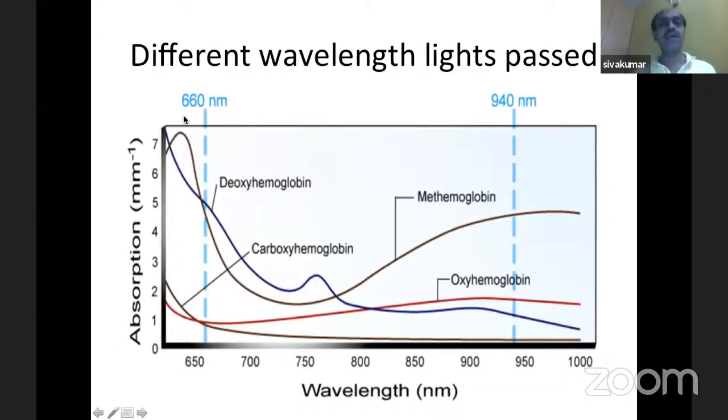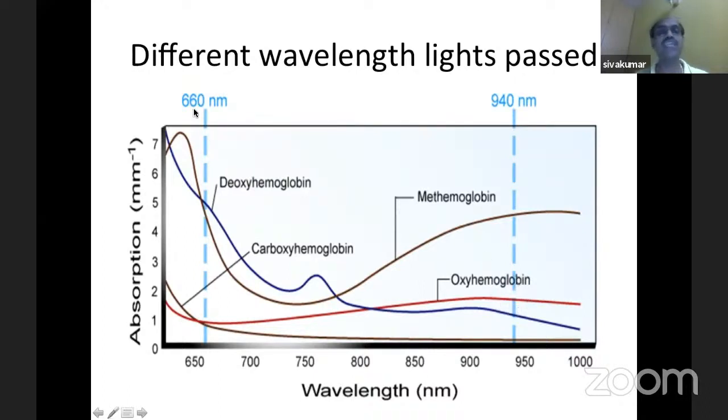We know that light at a wavelength of 660 nanometers, this is visible red light, will be absorbed very effectively by deoxyhemoglobin, this blue line. Light at 940 nanometers, that is infrared light, will be absorbed very effectively by oxyhemoglobin, that is the red line.